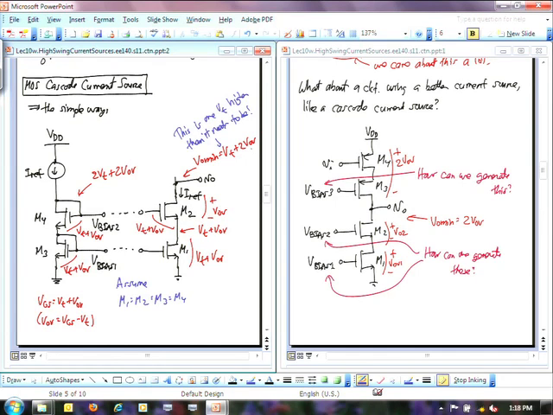Now, how do I bias up this top portion? Well, if you're using a simple current source method, then to bias up the top portion, you may do something like this. And so that's why I was hesitating to do that. Let's go ahead and write that in another color here. So you could do something like this, where you have some group of identical NMOS transistors.